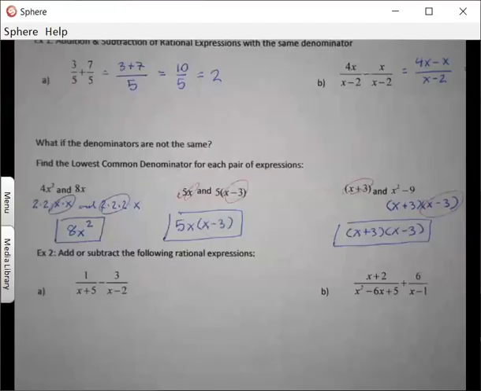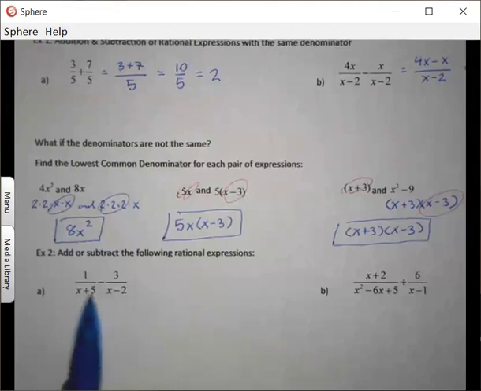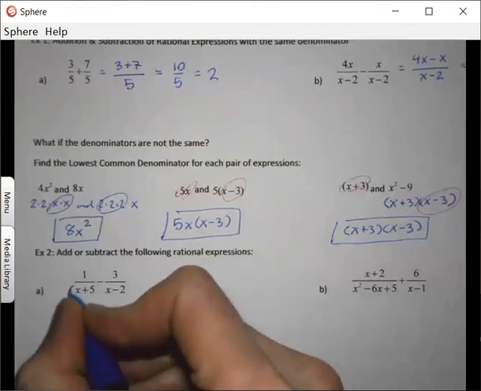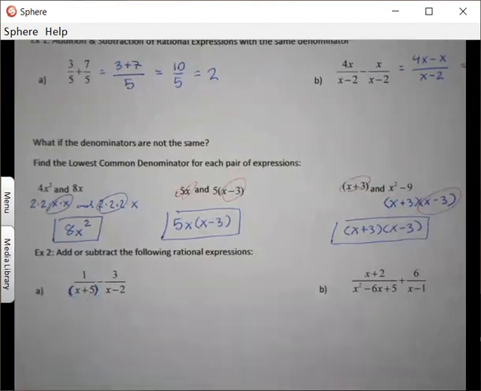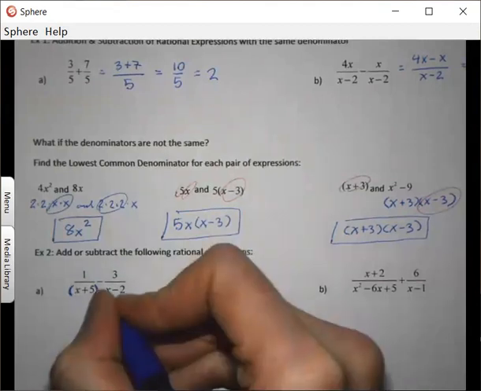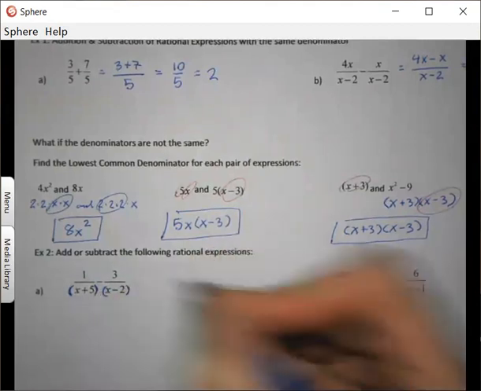Okay, let's solve some examples. So for A, one denominator is x plus 5, one is x minus 2. Whenever you have terms that are added or subtracted, that combines them into a single factor. So x plus 5 is a factor, x minus 2 is a factor.